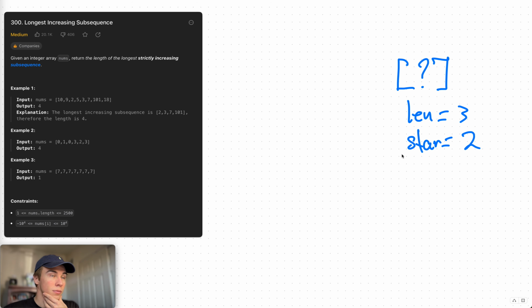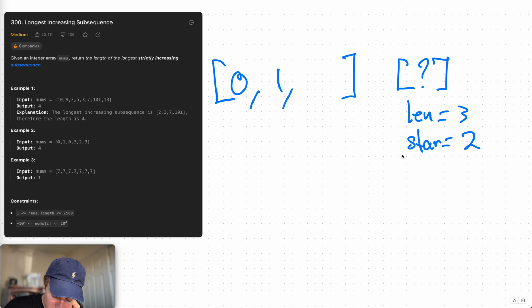Then, if I now have this secret array here, and I want to use it as if it is an extension of, let's say, the first 3 numbers that I have in my array.